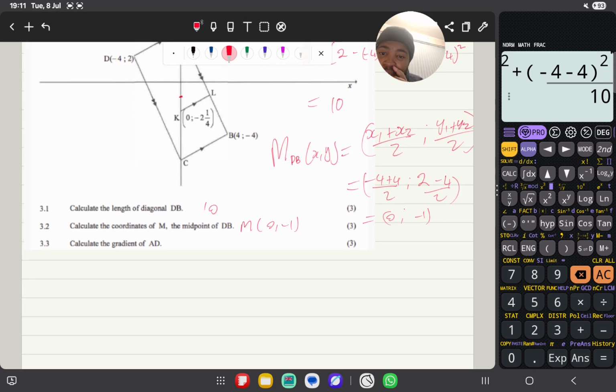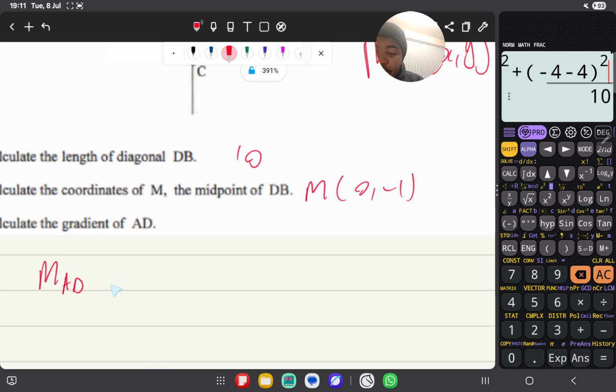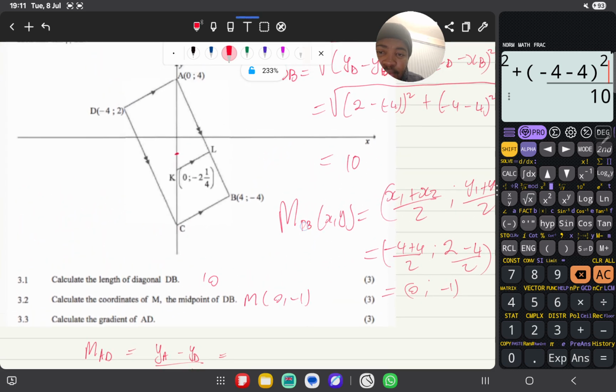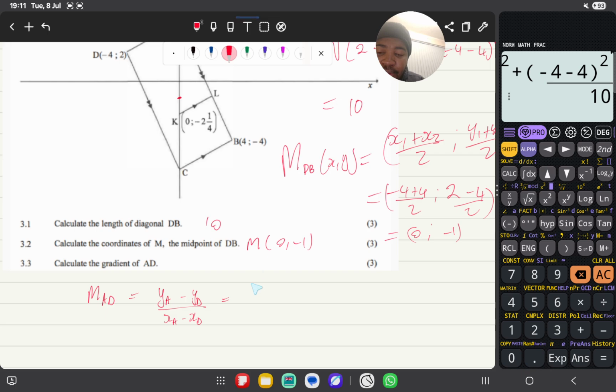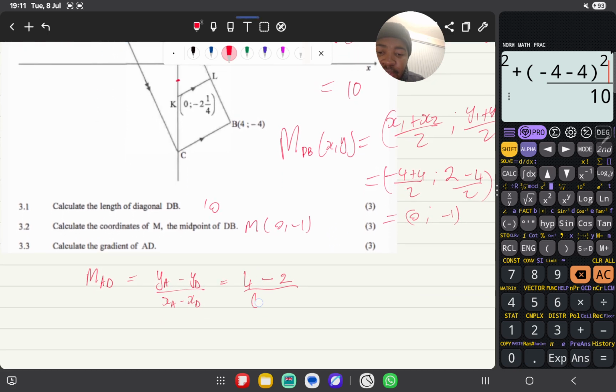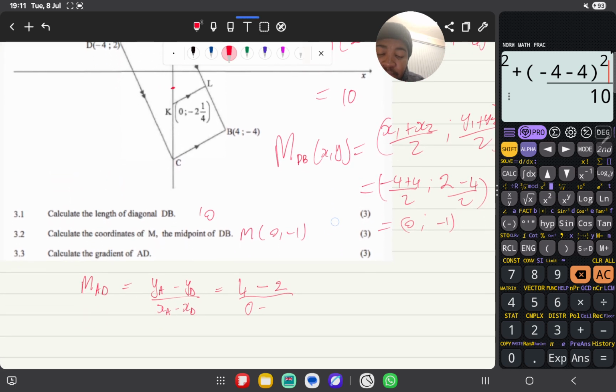AD. We find the gradient of AD. Gradient of AD is equal to YA minus YD over XA minus XD. Substitution: y for A is 4 minus D, which is 2, and then x for A is 0, 0 minus 4.